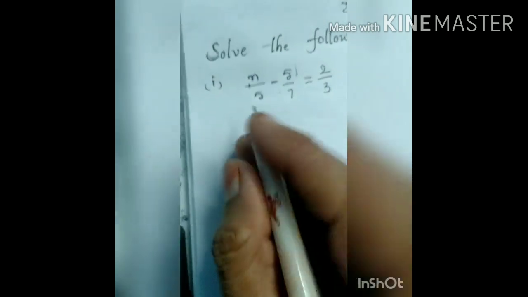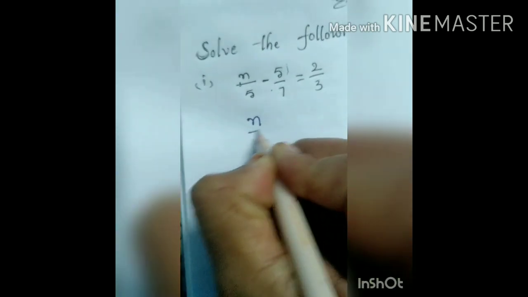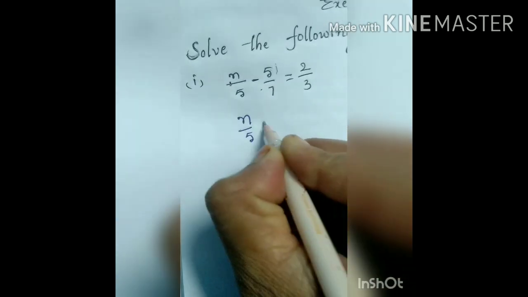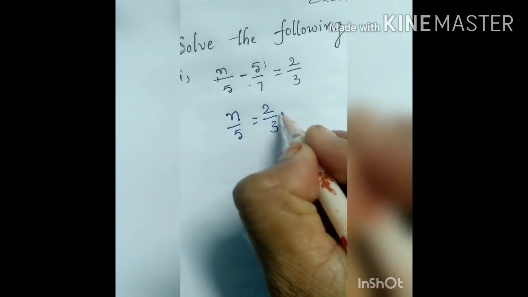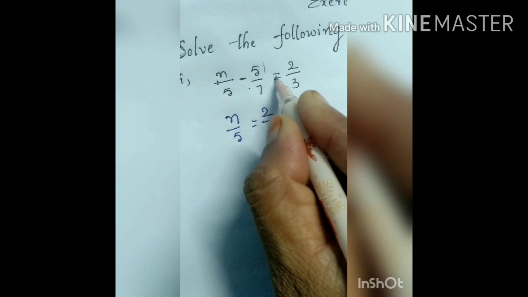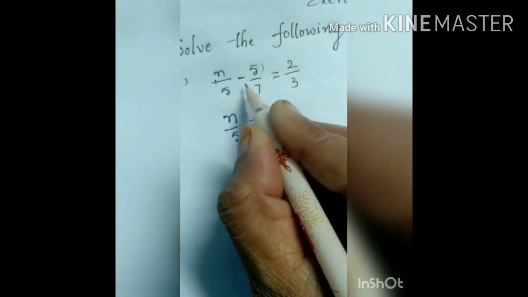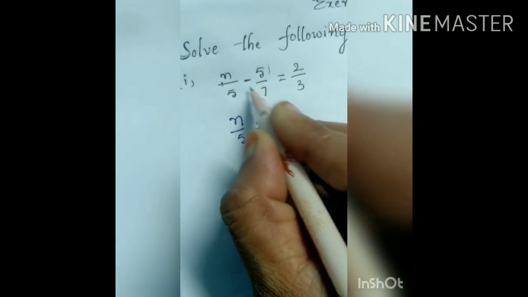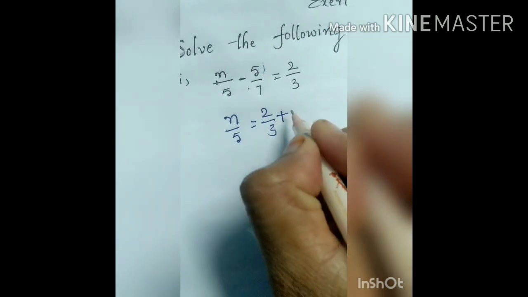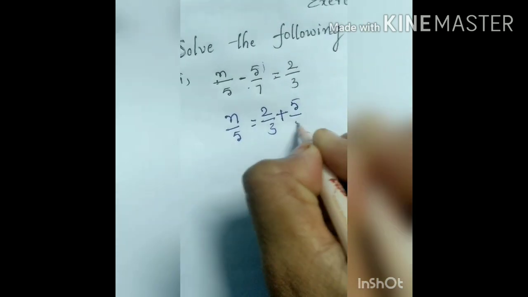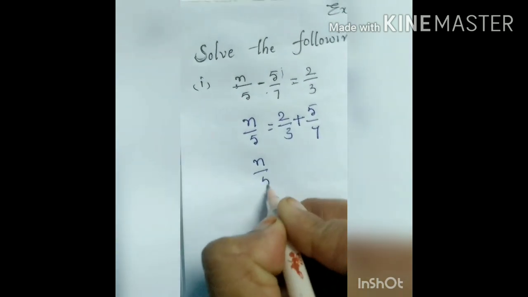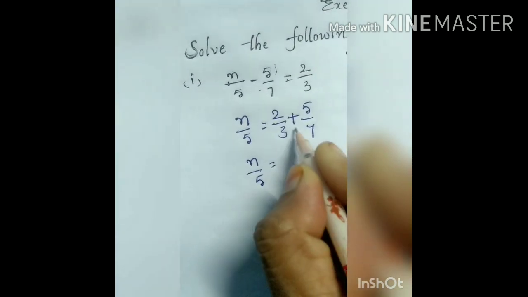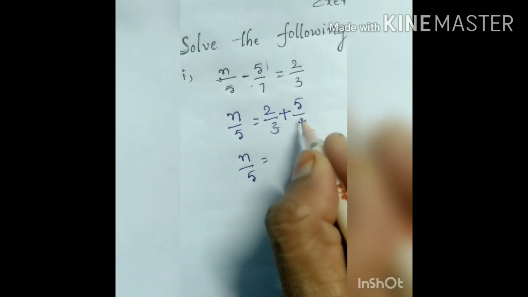Now I will write n by 5 equal to 2 by 3 plus 5 by 7, because the negative quantity on the left side becomes positive when moved across. Can we add directly?